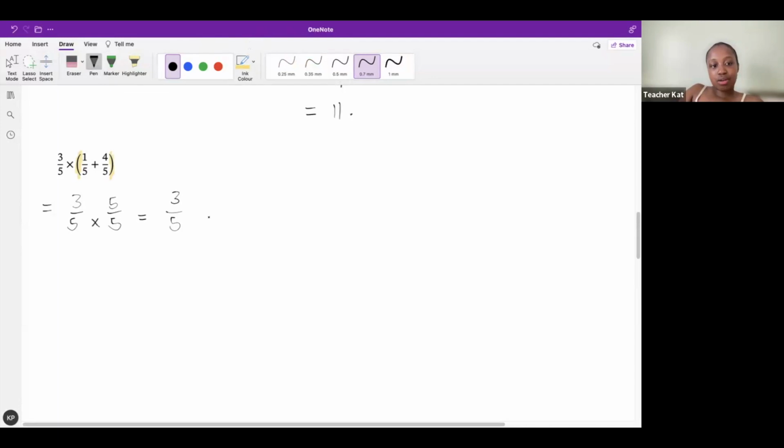So this is 3 over 5 times 1, and my answer will then be just 3 over 5. Remember, it's this fraction times 1. Anything times 1 is just that number itself.